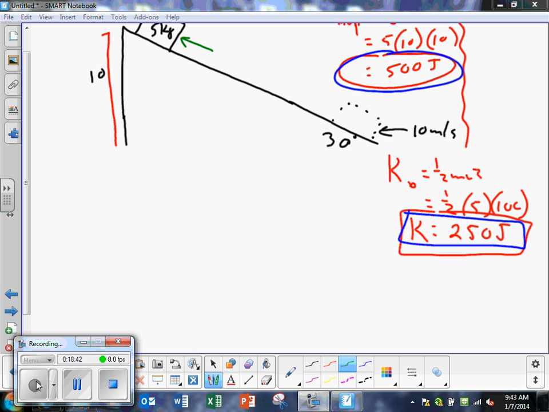So we know that work is equal to force parallel to displacement. And we know in this case our work is 250. And this is what we're looking for, the force. Well, we're actually looking for displacement too. We don't have that.